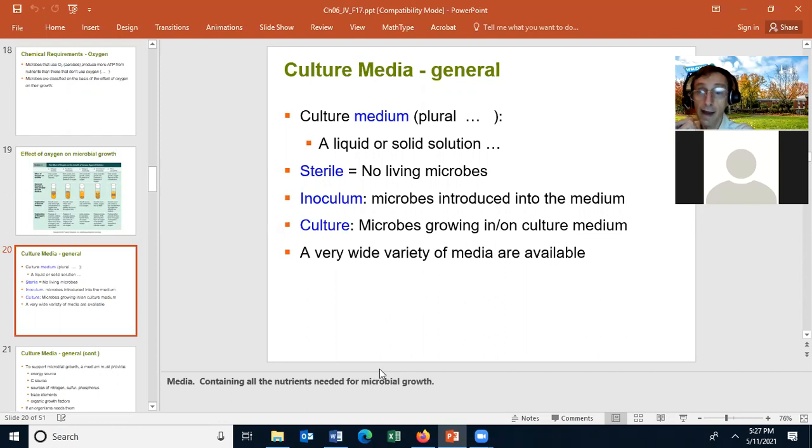If you look at the size of that book, it's at least 3 inches thick, about 4 inches. Like I said, each page in that book is one medium. So there's a very wide variety of media available for growing microbes.